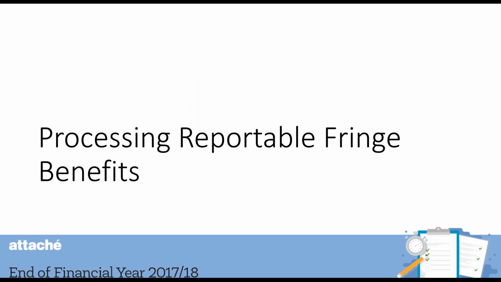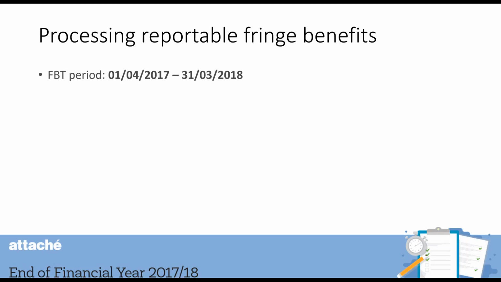The next topic we're going to look at is the fringe benefits. Now, before you check the payroll reports, you will need to process all the reportable fringe benefits. The fringe benefit tax is for the period from the 1st of April 2017 to the 31st of March 2018.